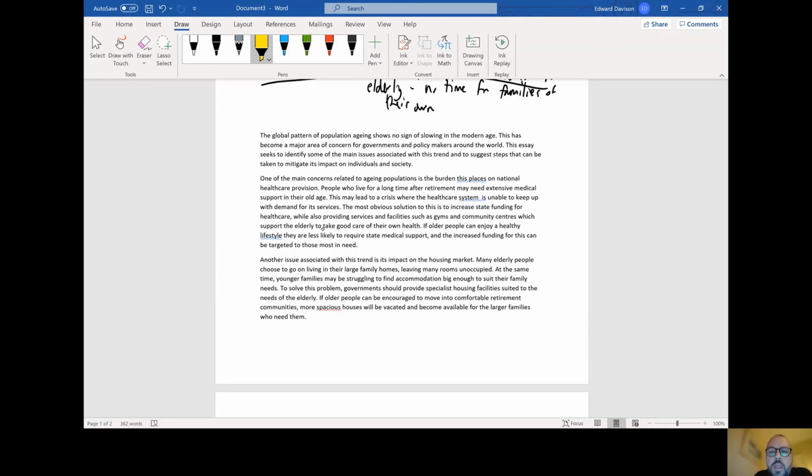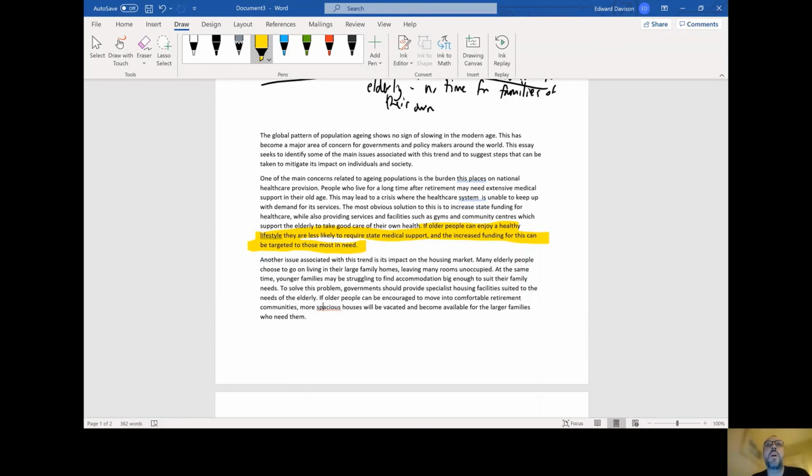We've also got conditional sentences. If older people can enjoy a healthy lifestyle, they're less likely to require state medical support, and increased funding for this can be targeted to those most in need. Also, be targeted, that's a passive voice. So all of this falls into the category of what is considered to be complex language.